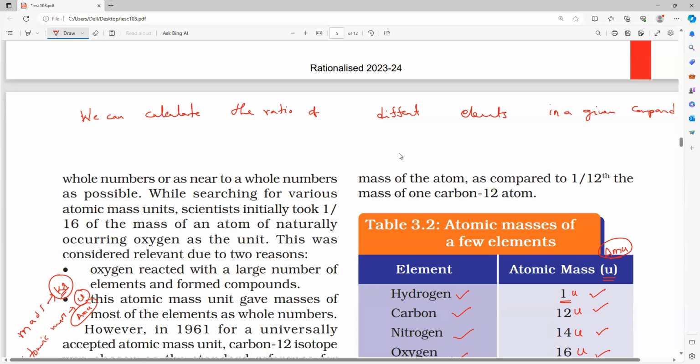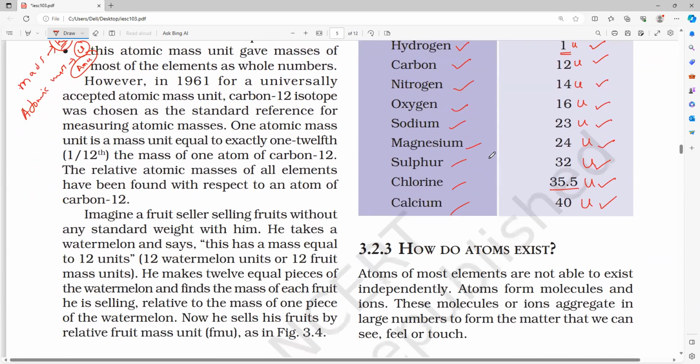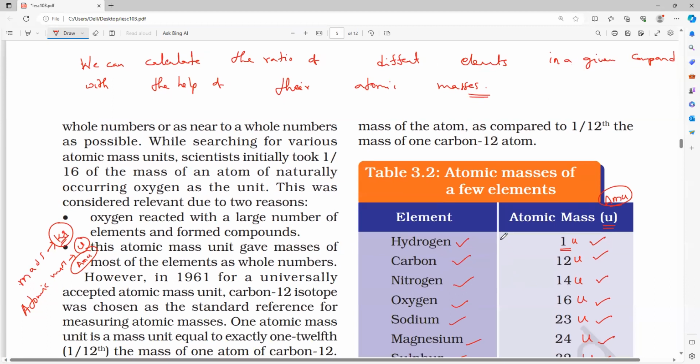All of you have textbook. Compound with the help of their atomic masses. Are you clear, everybody? Now, this tabular column speaks about atomic masses of elements.